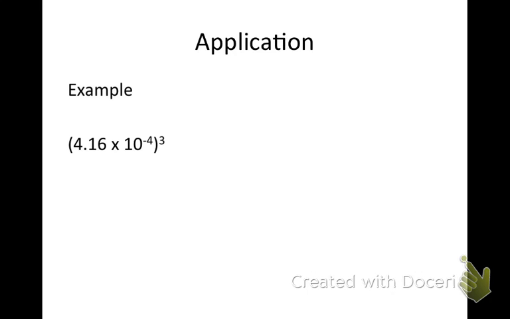And one last example. We're going to use this to apply what we learned yesterday with scientific notation. If we have to take a number that's in scientific notation, it's kind of like that power of a product. So we'll have 4.1600ths cubed times 10 to the negative 4th cubed.